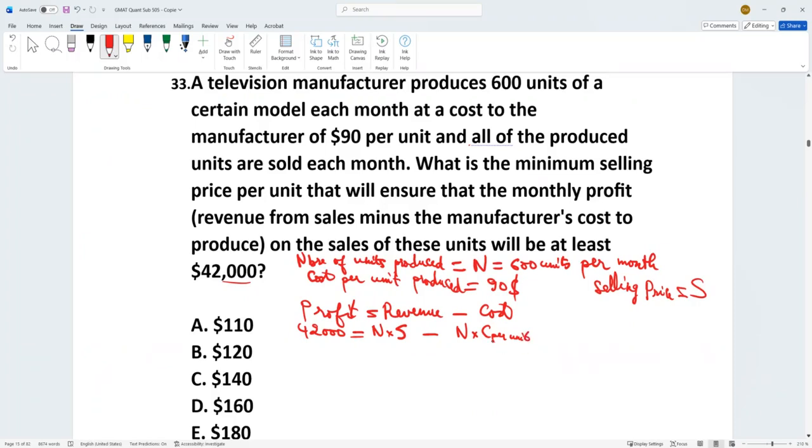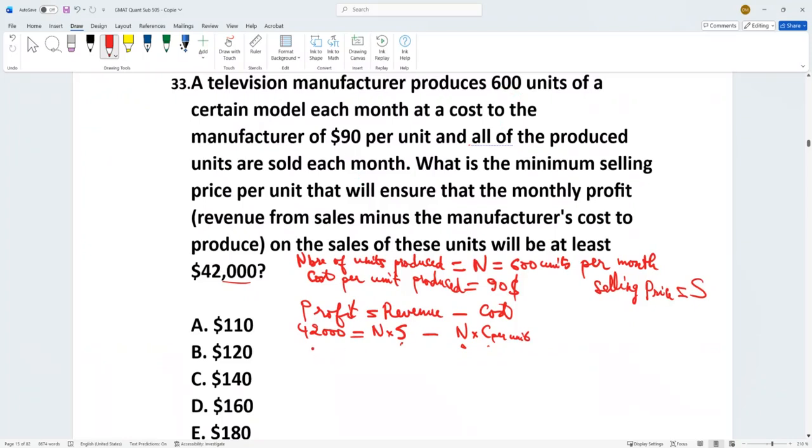And we can see that we have N, we have C. So the only thing that is going to determine whether our profit is going to be higher than 42,000 is the selling price. Like if the selling price is higher, then the profit is going to be higher. If the selling price decreases, then the profit is going to decrease. Because this one, we have it, it's actually equal to 600 times 90.